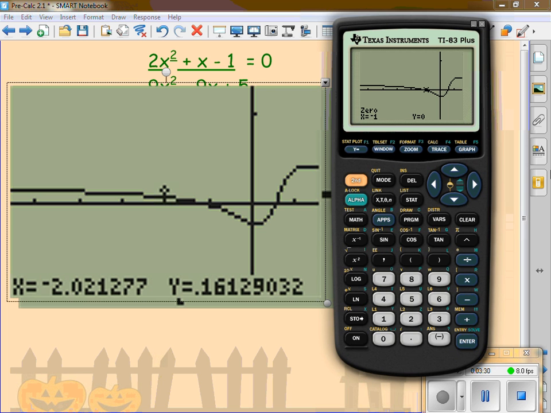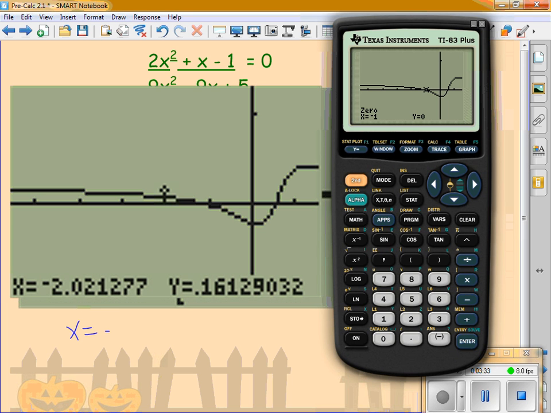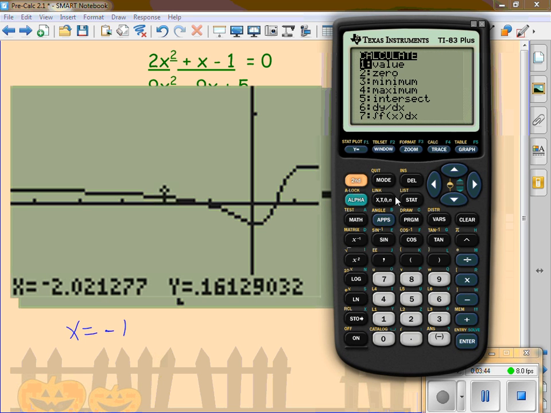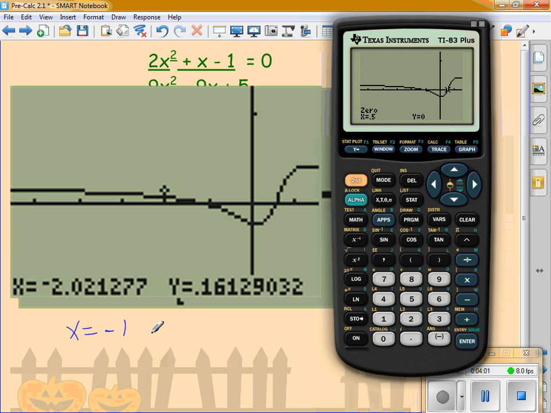My first zero, x equals -1. Why is it not approximately? It equals -1. Now the other one, second trace, zero again. What do you want your left bound to be? 0. What do you want your right bound to be? 1. My guess is 1. That's good enough. My answer is 0.5. Those are my zeros. Those are my solutions.